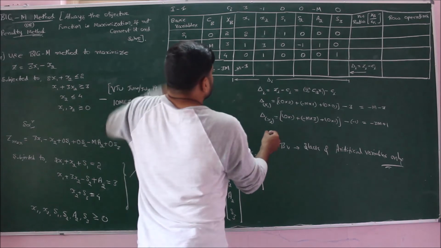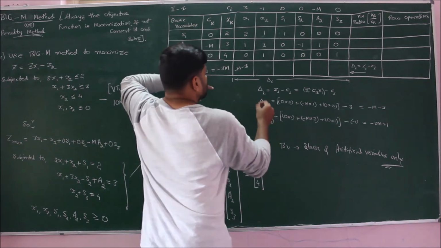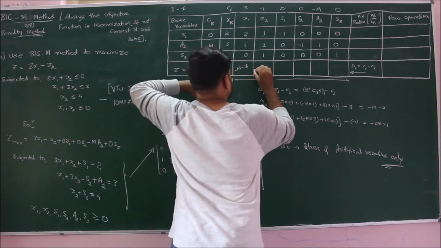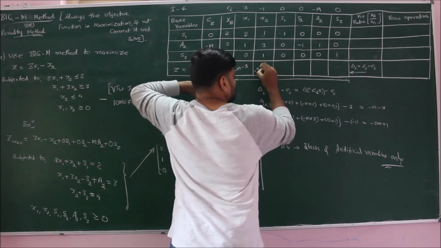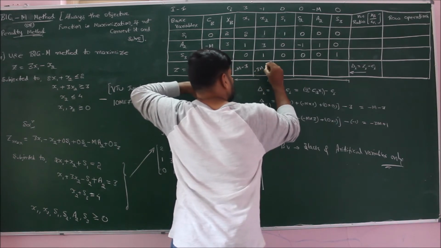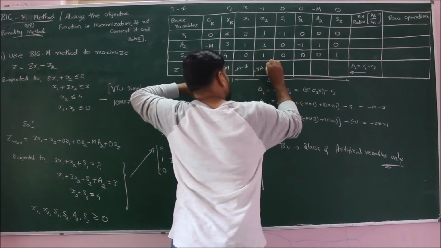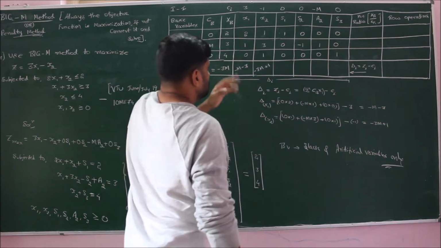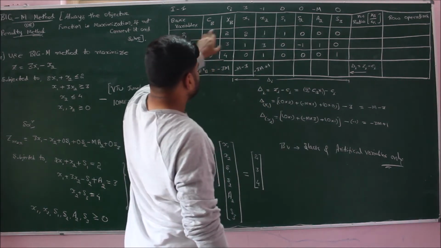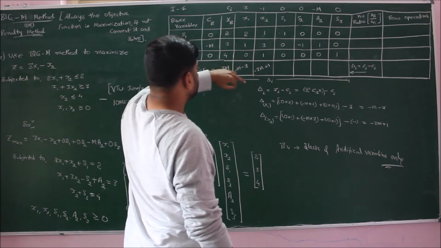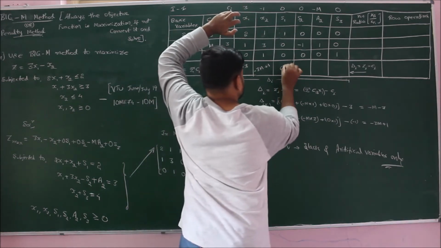Similarly, if I solve for s1, so before that let me enter for x2, it is minus 3m plus 1. Solving for s1, I will get 0 into 1 is 0, 0, 0 minus 0 is 0.